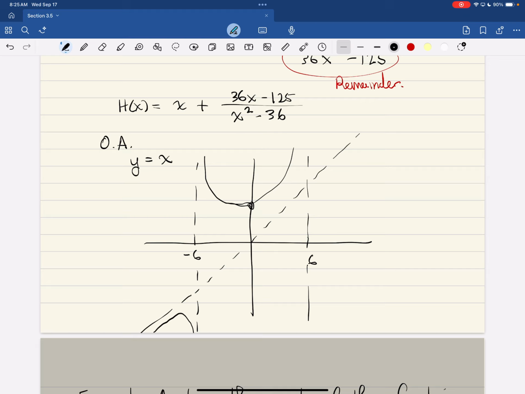Yeah, because you're going to have the numerator, as you go to the right, 6 cubed is already bigger than 125, right? And so this is always going to be positive over there. This is always going to be positive over there, is it not? That checks out. Okay. So where is it going to be?